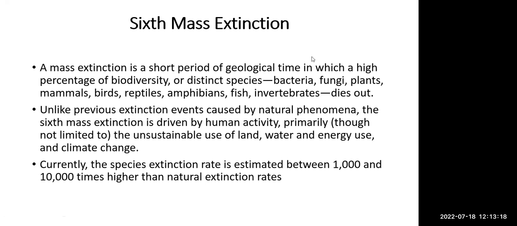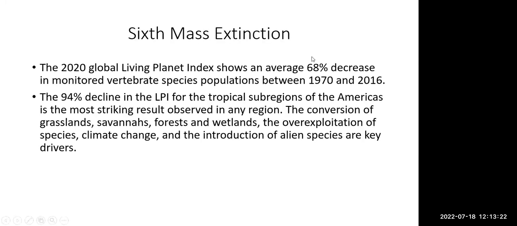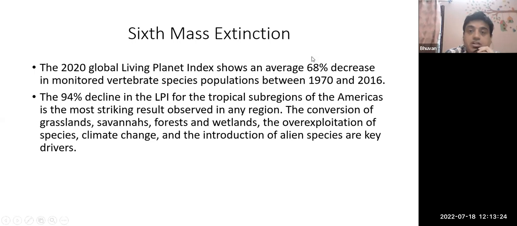In 2020, there was a report called the Global Living Planet Index report, which shows an average 68% decline in monitored vertebrate species between 1970 and 2016. Similarly, a 94% decline has been observed in South America, especially tropical South America, Latin America. The major decline has been observed there.